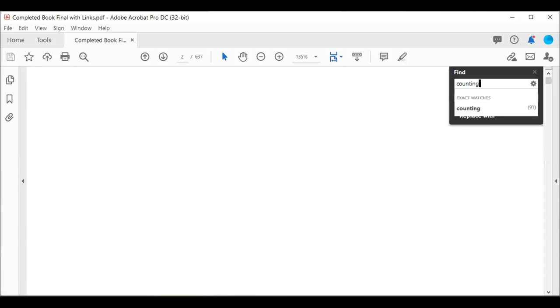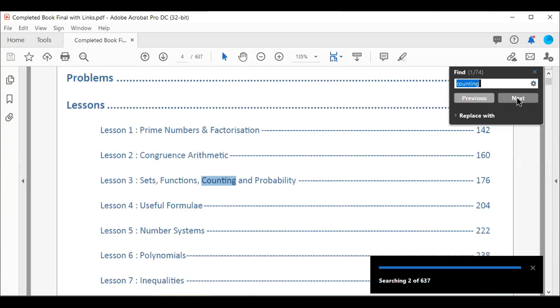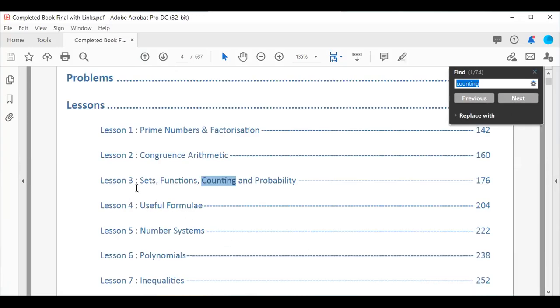The thing is very slow because I think in Zoom it doesn't respond very well. Oh, it's 165 of them, no wonder it took such a long time. Here you are, Lesson 3, functions, counting and probability, on page 176.